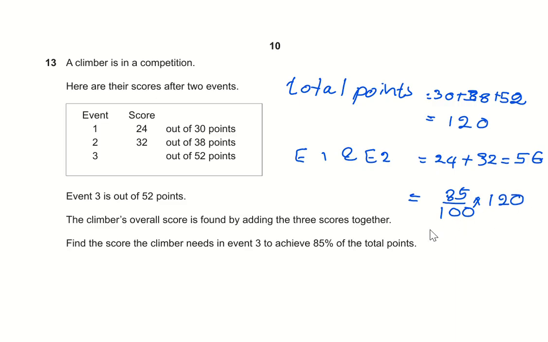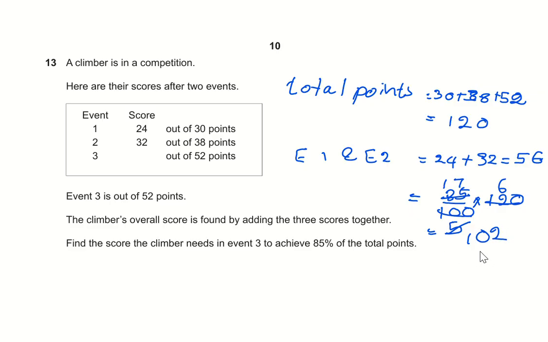So if you simplify this, how many 20s into 120 is 6, and how many 20s into 100 is 5. So 85 divided by 5 is 17. Then 17 times 6 is 102. Okay, 102. In total he needs to get 102.